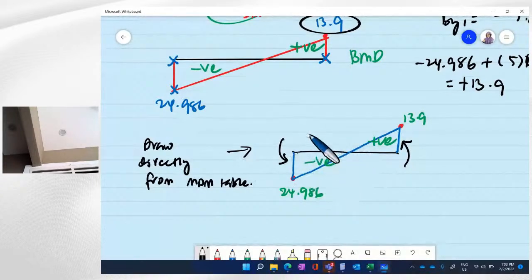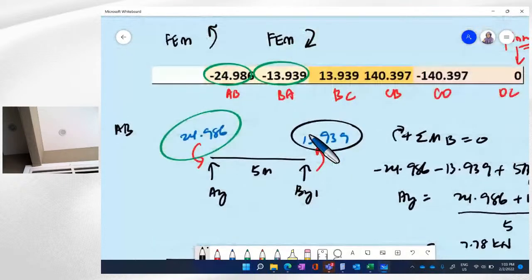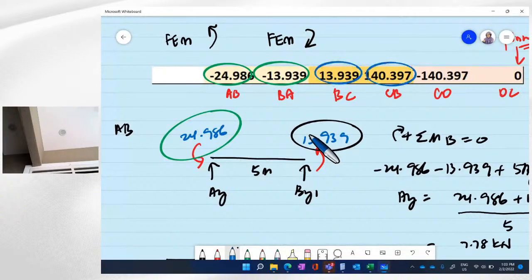By looking at the MDM value, the end moment value for member BC, we get positive and positive.